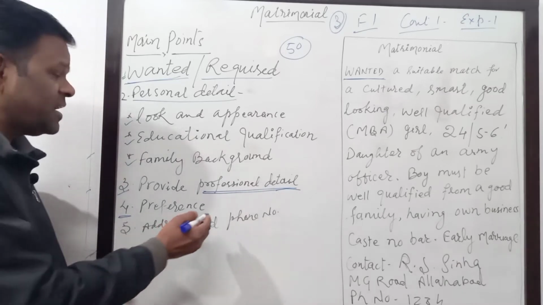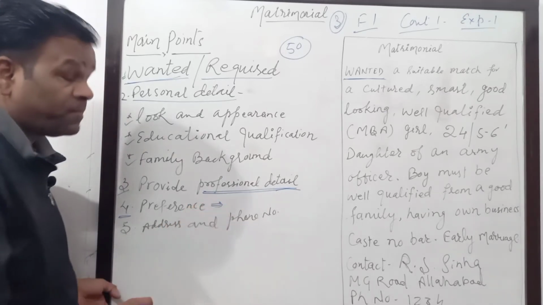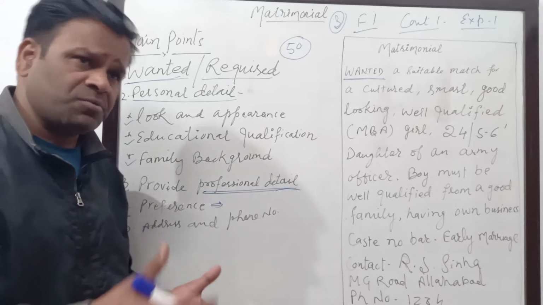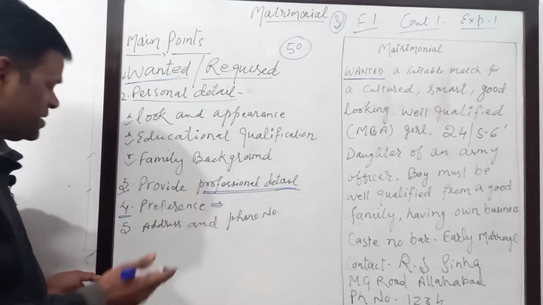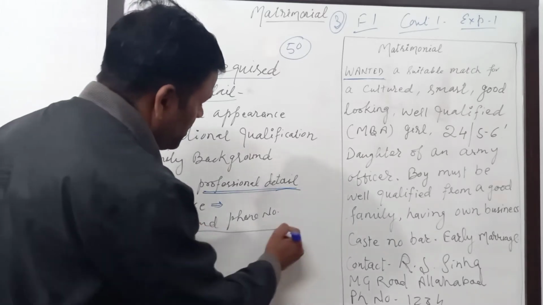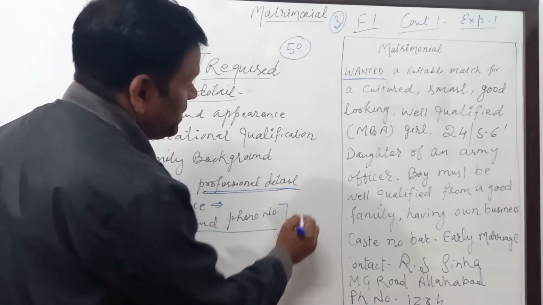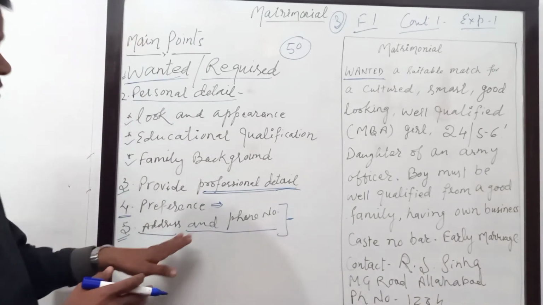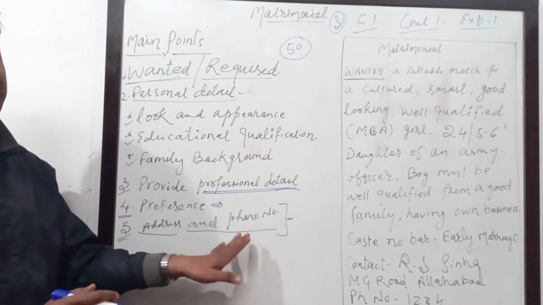That preference can also be given. One more preference is whether you want the marriage to be early or late, which can also be mentioned there. And the 5th point is address and phone number. That is a mandatory part of your advertisement. Whatever advertisement you are writing, you have to mention the address and phone number.